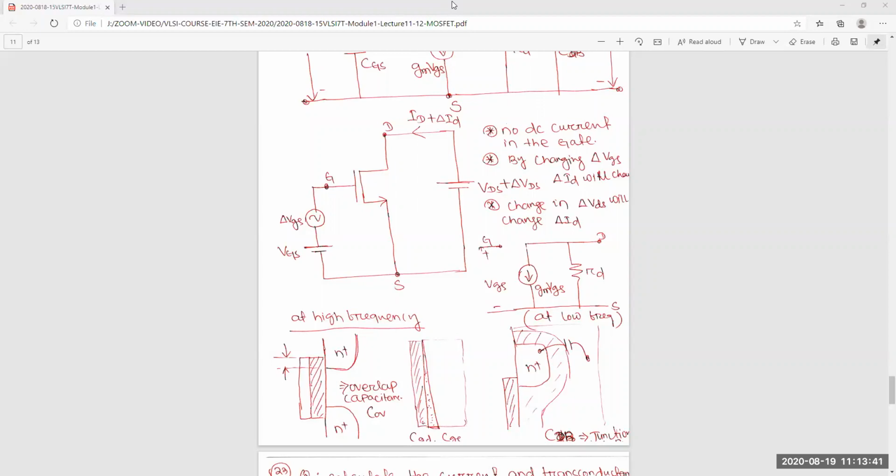Swapnanjali and Chitra, I am not getting any response from you. So Akar, please check if they are actually joining, if they are in the class.